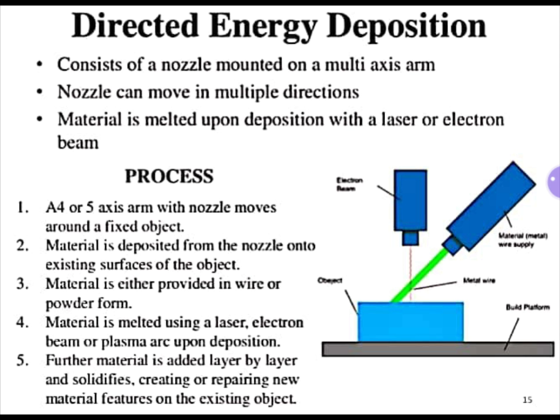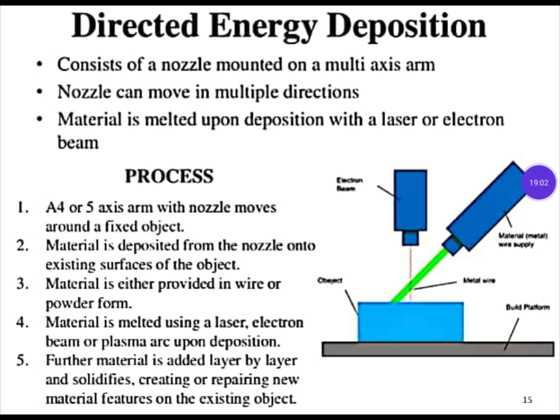the powder material is then melted with the help of laser or electron beam. And you can observe that the electron beam is impinging on the deposited powder material or wire material.